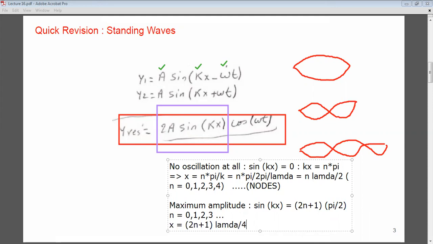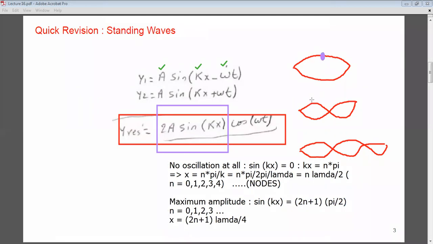Okay, so at these positions we will have maximum displacement, like here, like here, like here. So these happen at x equal to (2n plus 1) lambda over 4.